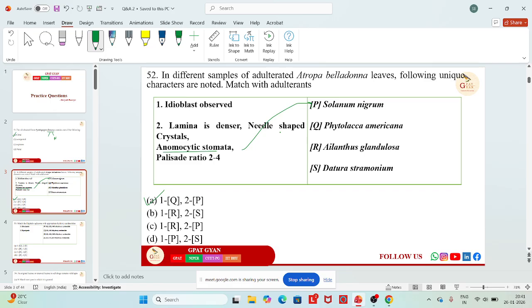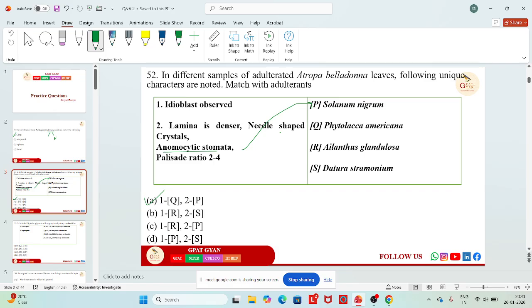Ma'am, ranunculaceous. Anisocytic. Anisocytic. Yes. Anisocytic stomata. Yes, anisocytic stomata. Ma'am, cruciferous. Hmm. Cruciferous.